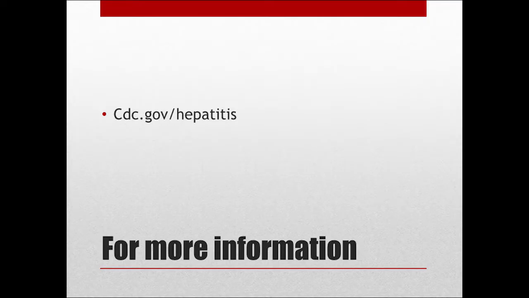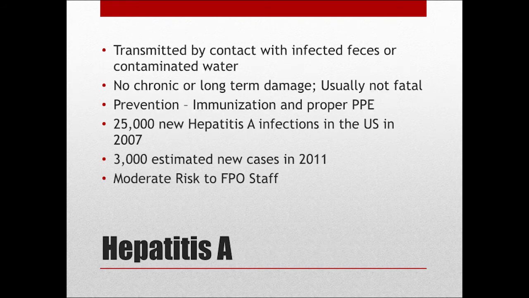That's good. If you would like more information about any of this stuff, the CDC's got all kinds of information about hepatitis. Kind of a quick review of those though. Hepatitis A is transmitted by contact with infected feces or contaminated water. There is no chronic or long-term damage from Hep A. It is usually not fatal. Prevention is immunization, and then use of proper PPE.